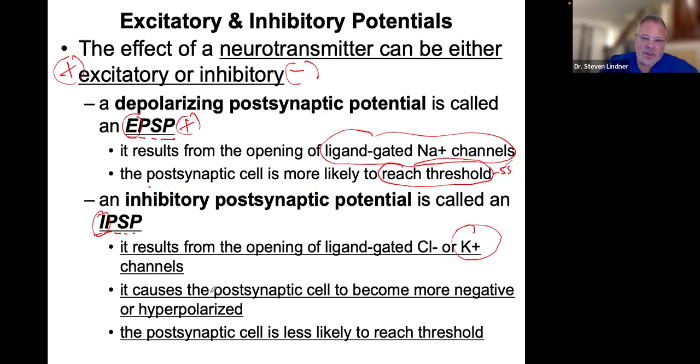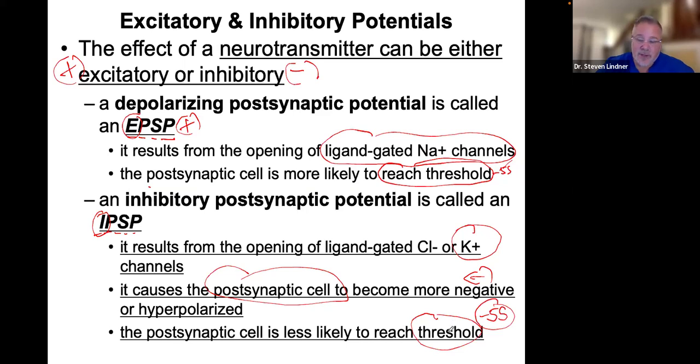And it's going to cause the postsynaptic cell to become more negative or hyperpolarized. So you're moving further away from resting membrane potential and further away from threshold. Okay, so that means that the postsynaptic cell is less likely to reach threshold, which remember is minus 55.